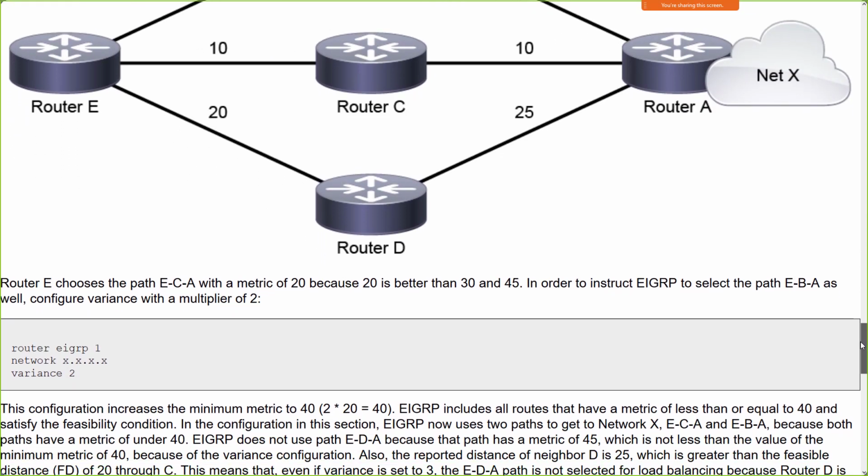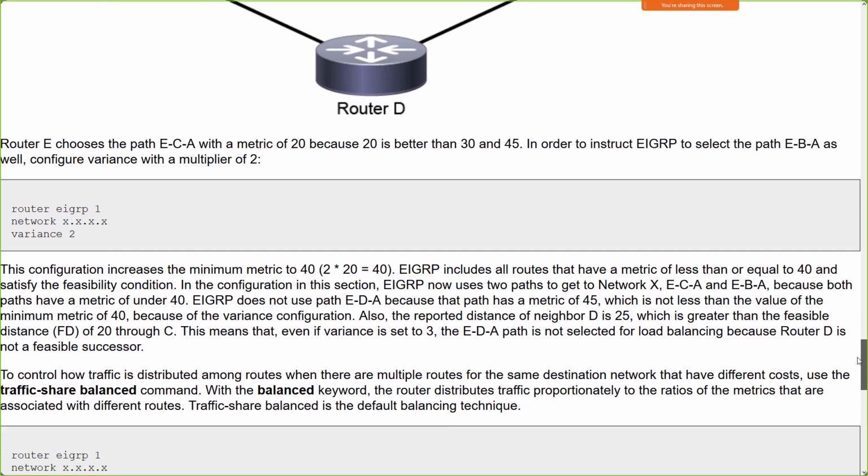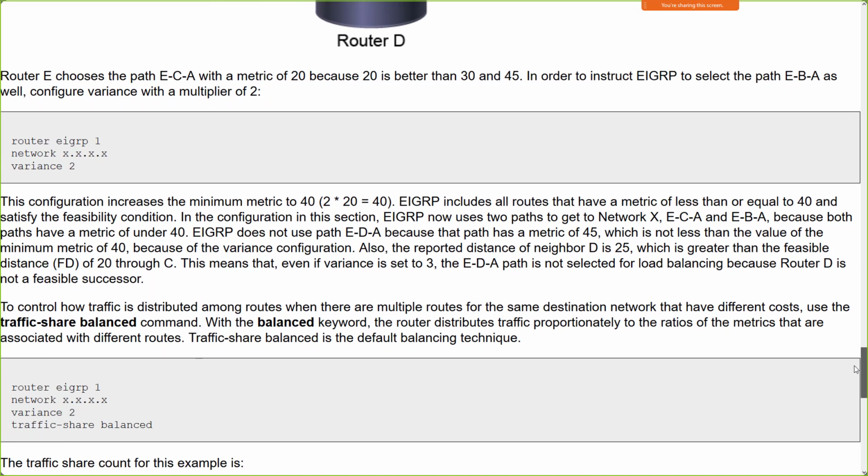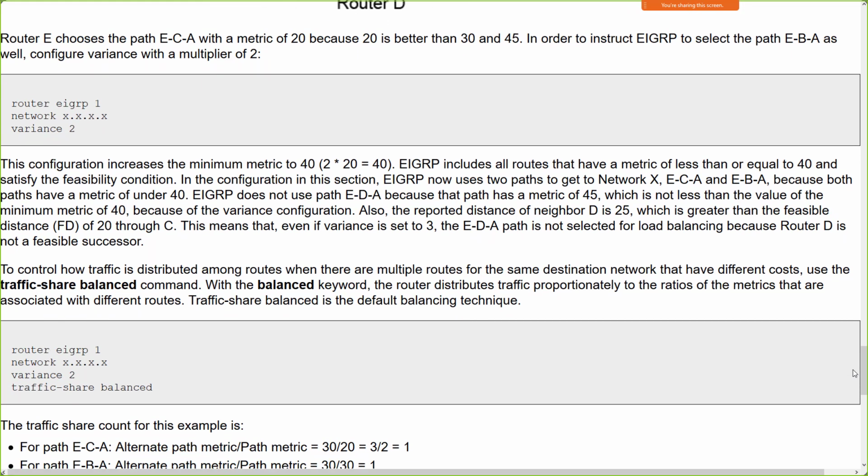All right. So they kind of go through the scenario here. In this case, we already know that the bottom path would not fall within the variance, even if we had a variance of 3, because of the feasibility condition check fail. So in this case, they've applied a variance of 2. Router E chooses the path through C originally because that path has a metric of 20.